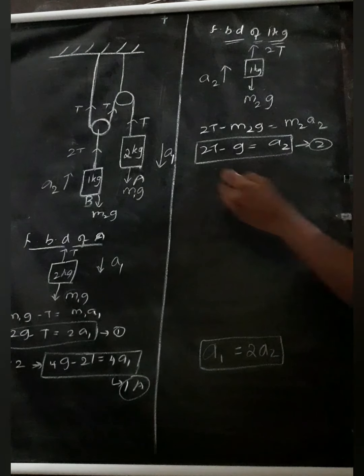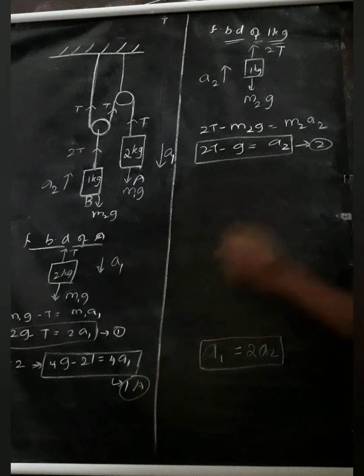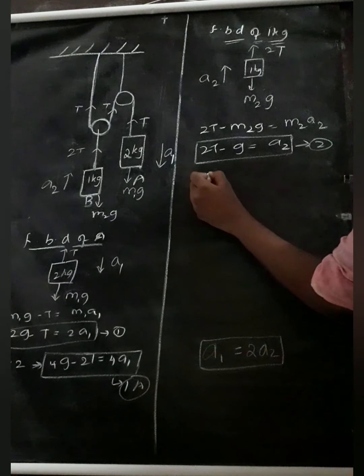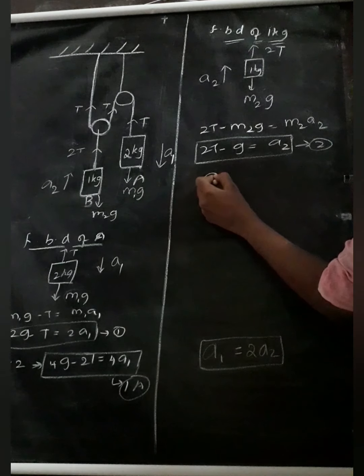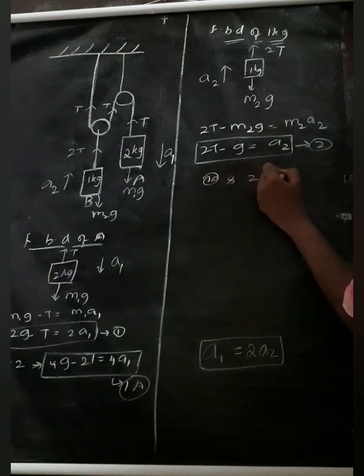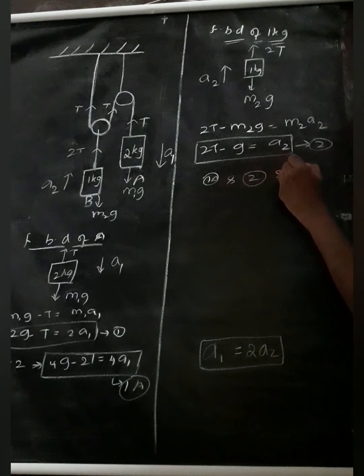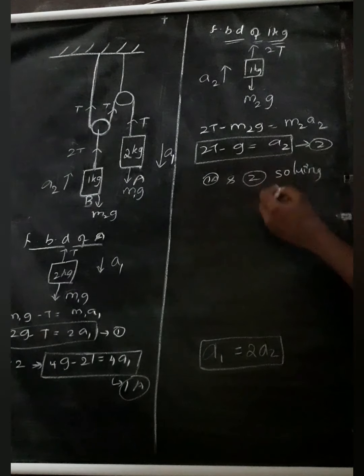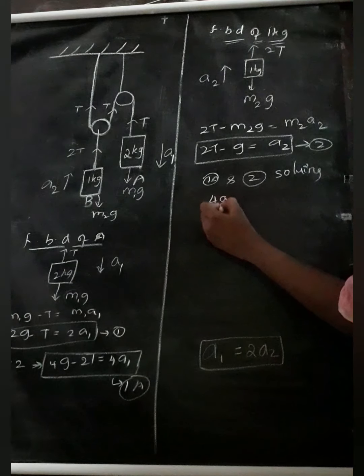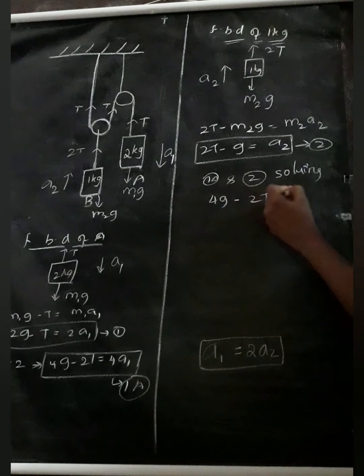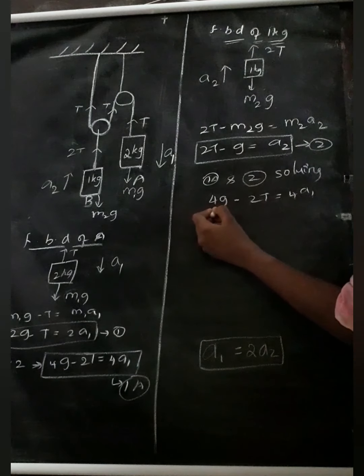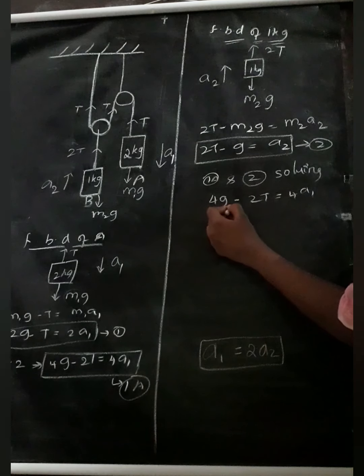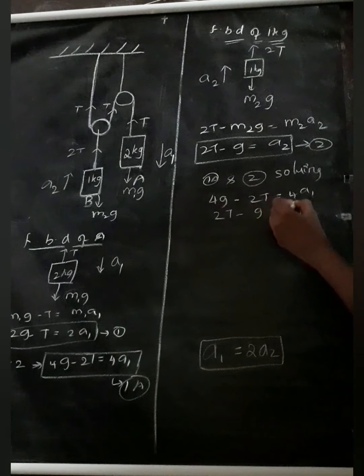Now we are going to solve equations 1a and 2. So 4g minus 2T is equal to 4a1, and 2T minus g is equal to a2.